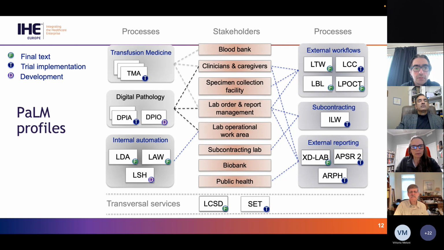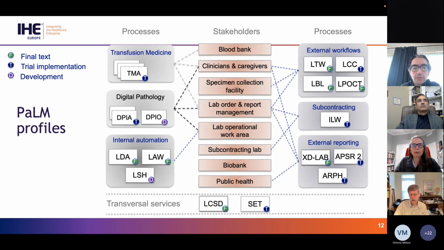So that's for interfacing with the analyzers, and I'm going to talk more about that later. And then the LSH, that's for automation of the laboratory specimen handling. Basically, if you're using lab automation systems and you're shipping your samples from one place to another, it's describing that. So that one is still in development and not out.